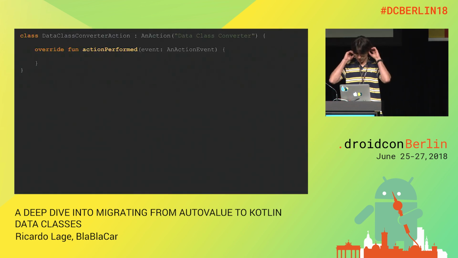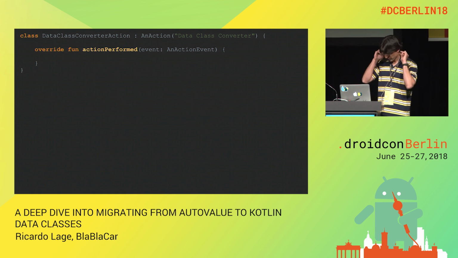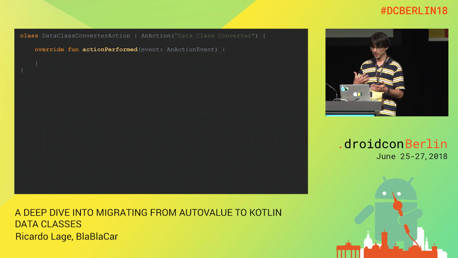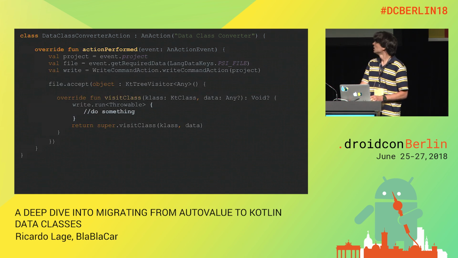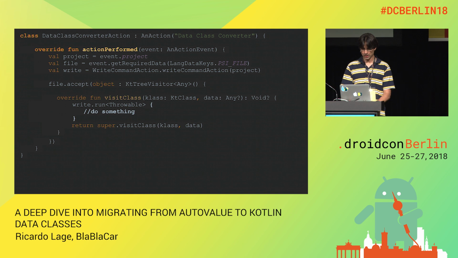So how does this plugin work? The entry point for a plugin, in this case, is an action, right? So the user is tapping on the menu option to make the conversion. When that happens, we get this call on the action performed event in our plugin. And this is a simple boilerplate code that we can add to start the refactoring.